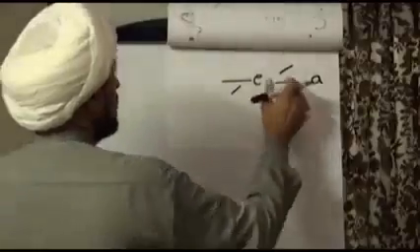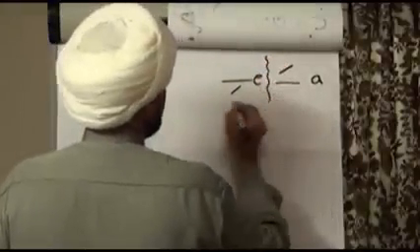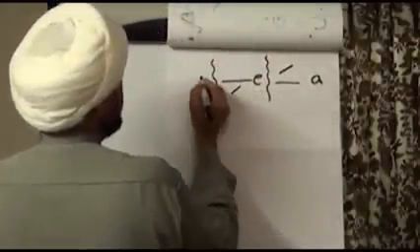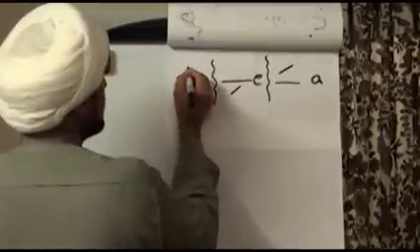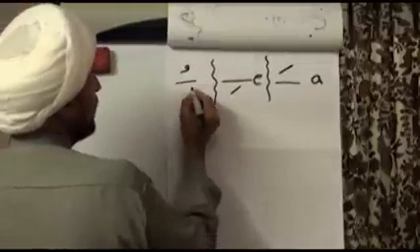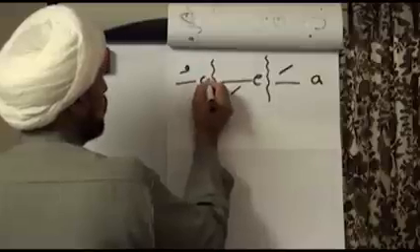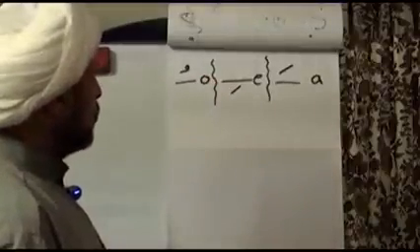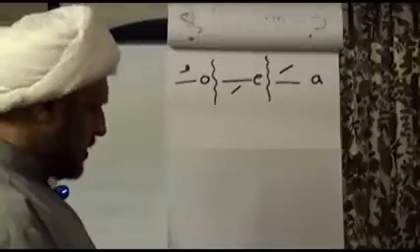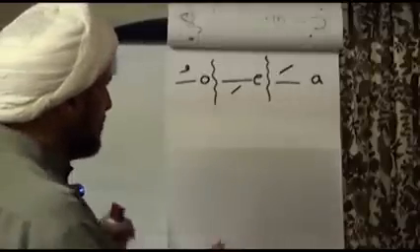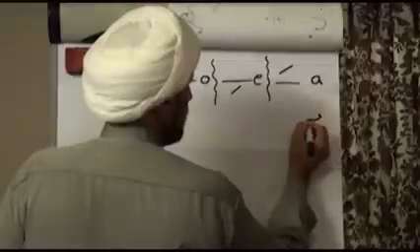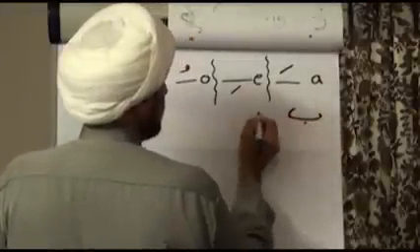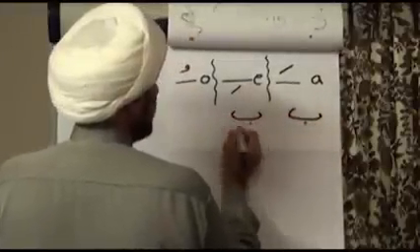So we have a, we have e, and then if there is a small sign above the letter, then this is o. A, e, o. If we want to write an example, ba, we'll write ba here as well.